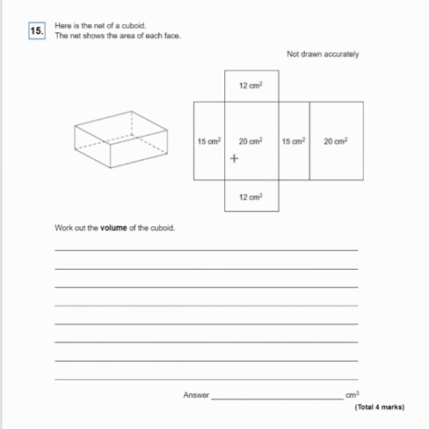Well, we can see that this 20 is next to this 15, so there are certain numbers that have to work for both rectangles. For example, 20, I could say, 4 by 5 is 20. But then you run into problems of this being an awkward number. 5 times what gives you 12?